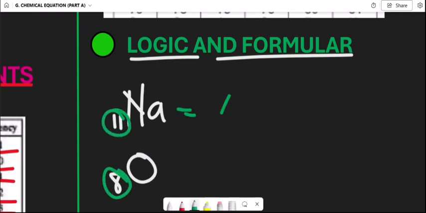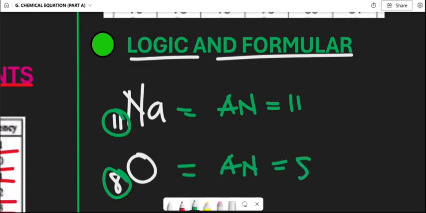Now, 11 is an odd number. What is an odd number? This is a number that is not divisible by 2 unless there will be a remainder. The atomic number of oxygen is 8, and that kind of number is called an even number. What is an even number? This is a number that is divisible by 2.